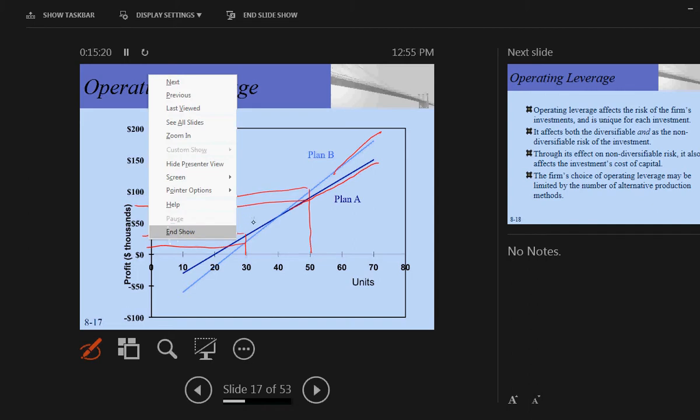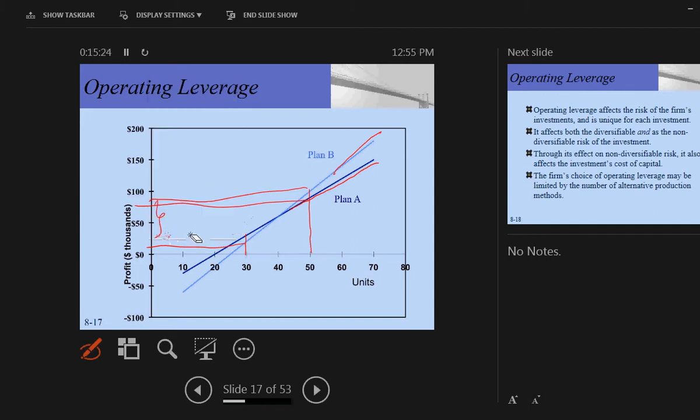This is how much Plan B loses, but with Plan A, the loss is going to be only this much.